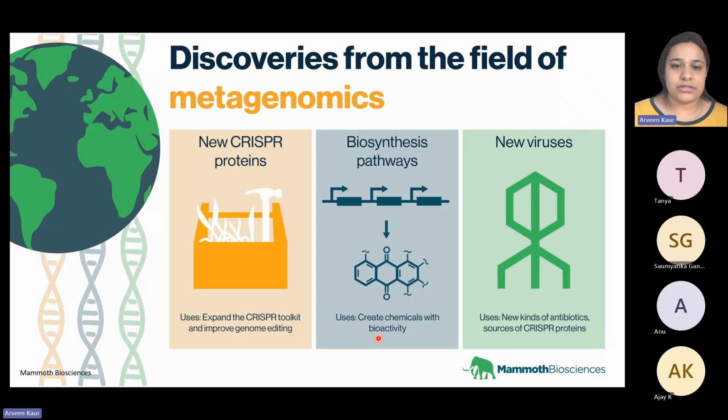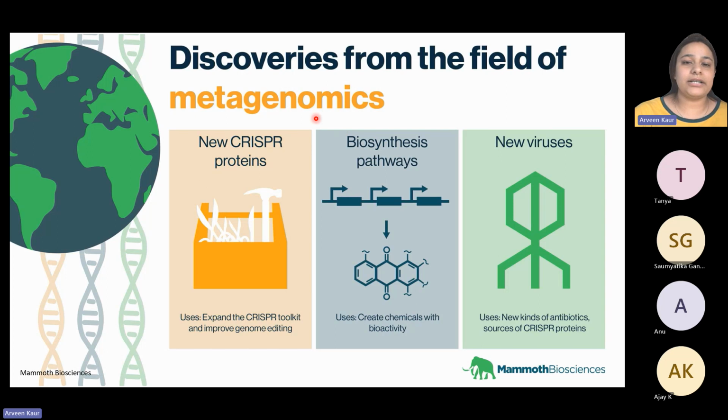Also, there are other uses of metagenomics. So this particular slide I have picked up from Mammoth Biosciences, which is one of the companies that is also enabling researchers to perform metagenomics. So they have basically identified some basic utilizations of this metagenomics technique, right?